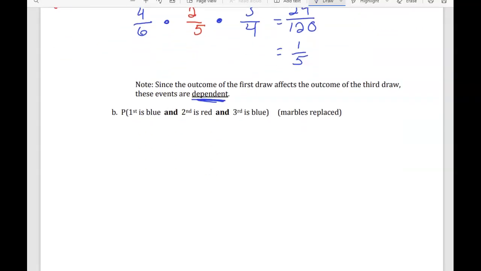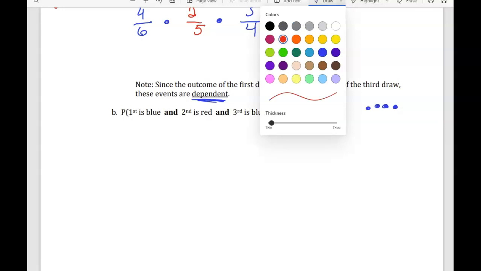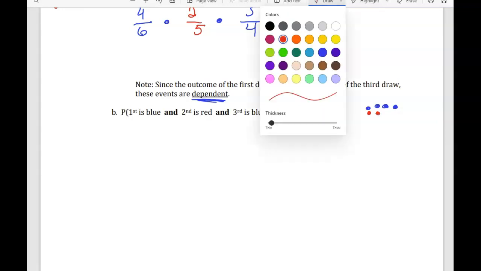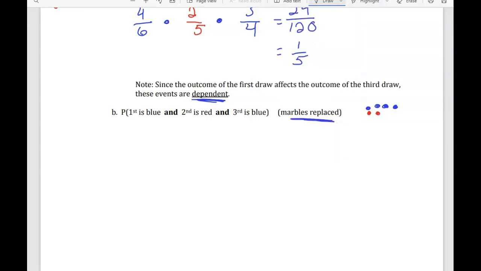But if I look at this one where the marbles are replaced, I have 4 blue and 2 red, and they are going to be replaced. So my first draw is going to be 4 out of 6.